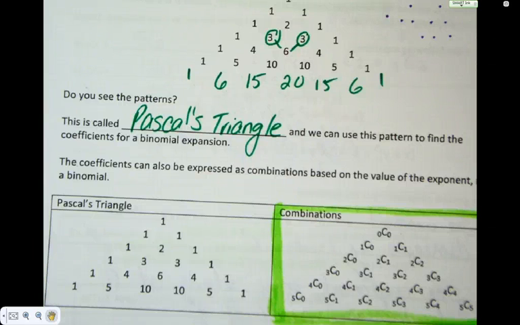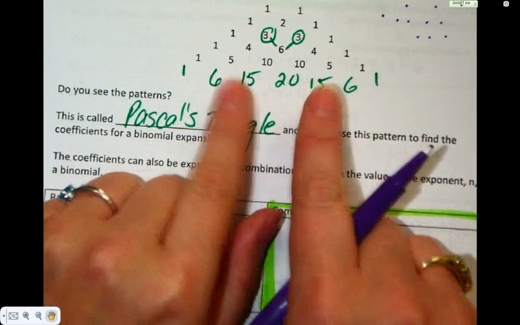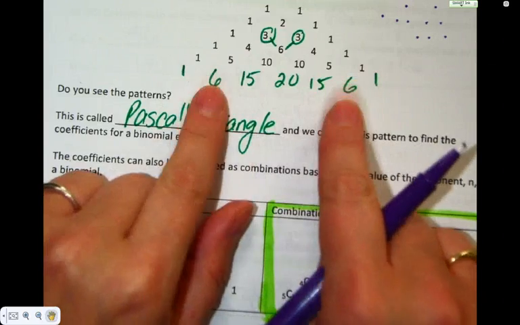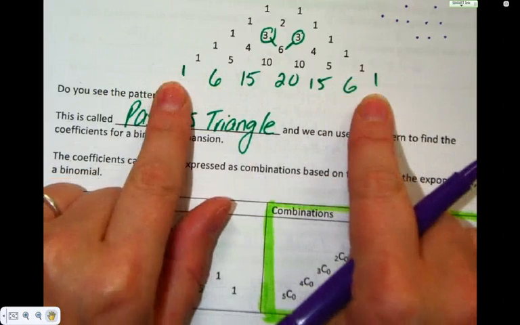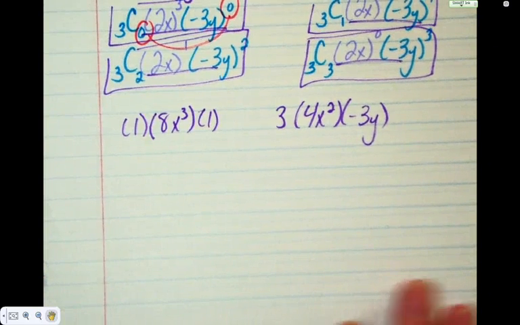So the one we did was 7C3 is the same as 7C4. And we said, for example, 5C2 is the same as 5C3. That's because the triangle is symmetric. That's why these 2 are the same, and these 2 are the same, and these 2 are the same. Okay? It all comes just from the symmetricness. Is that a word? I don't think so. Let's pretend it is, of the triangle.